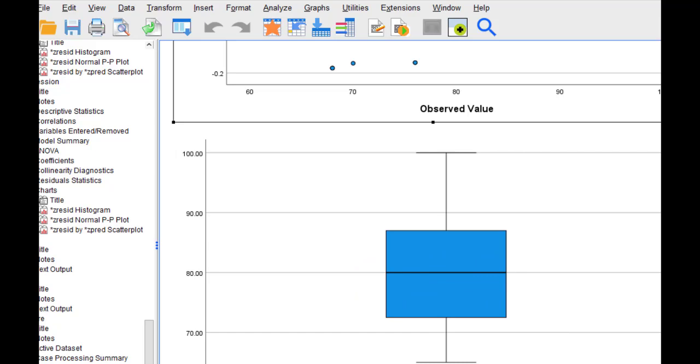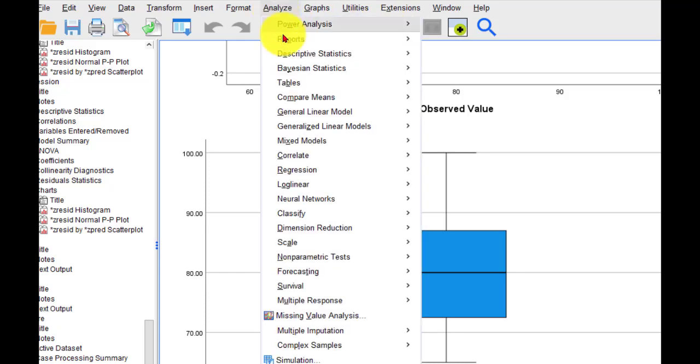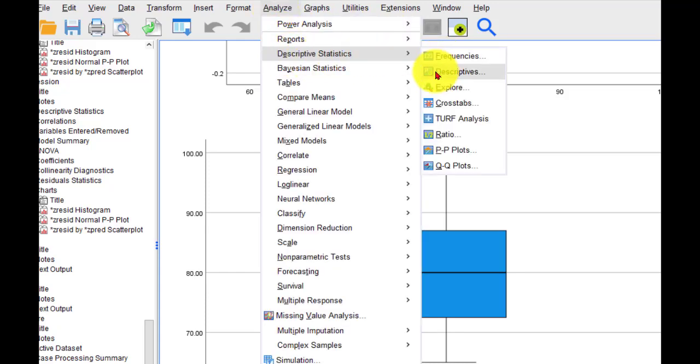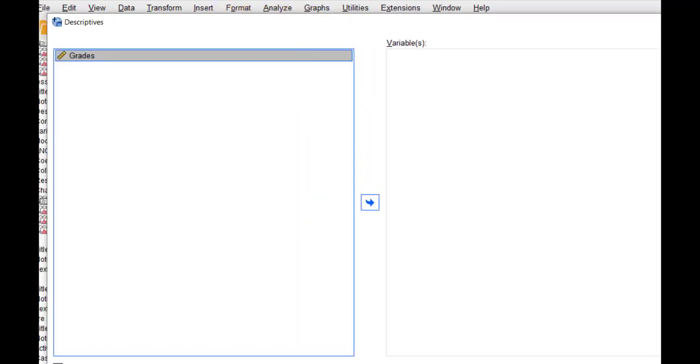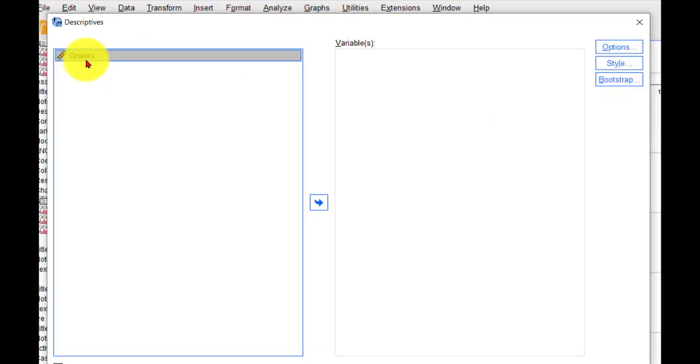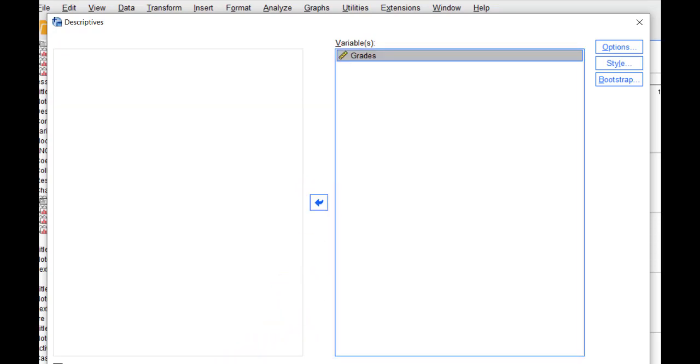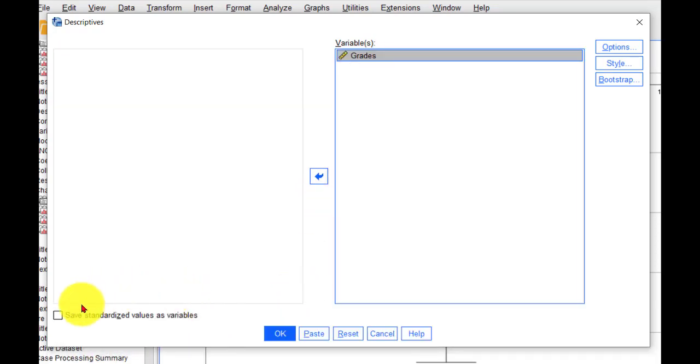Now we're going to check for outliers in a much better way than this old book is trying to show you. It's quite easy. We simply go to Analyze, Descriptives, Descriptives. And since we only have one variable, we're going to kick that in there. And you see this little box right here? Save standardized values as variables.